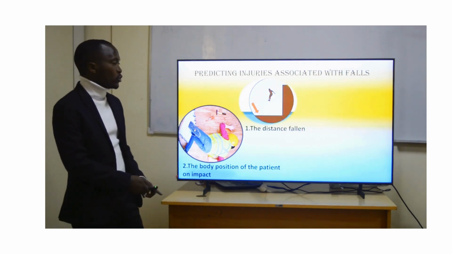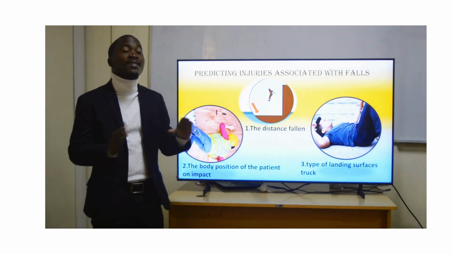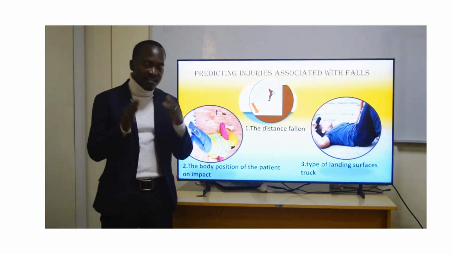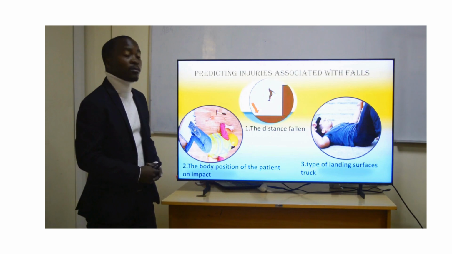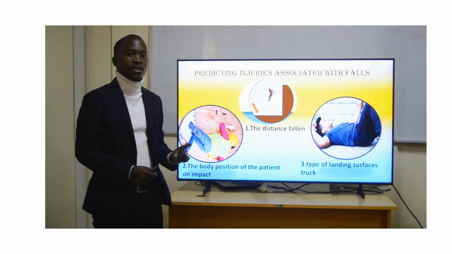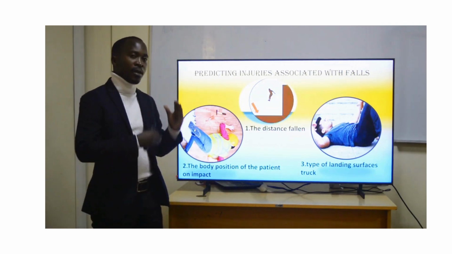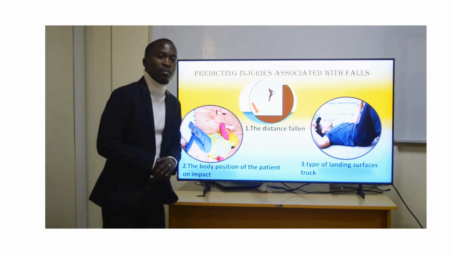Another factor is the surface on which they landed. The harder the surface, the more significant the injuries. And maybe a fourth point that I can add is the age of the patient. Whether an adult or a child will determine the pattern of injuries sustained.